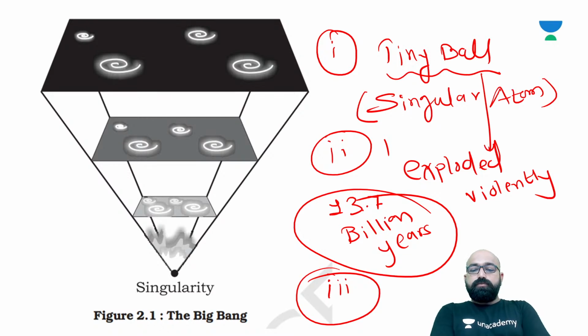Now, the expansion of the universe means an increase in space between the galaxies, whereas an alternative to this was Hoyle's concept of steady state.